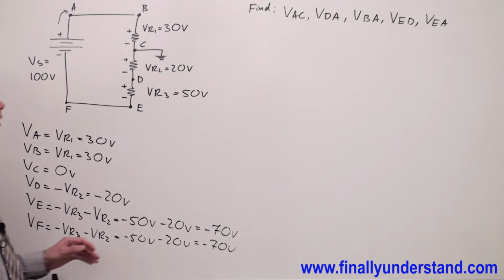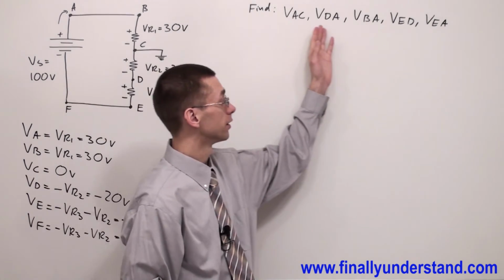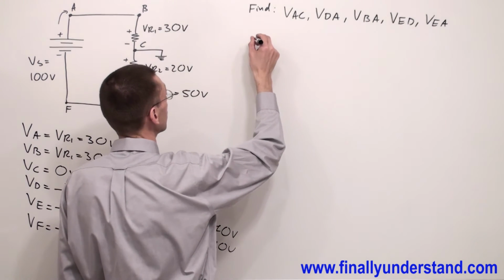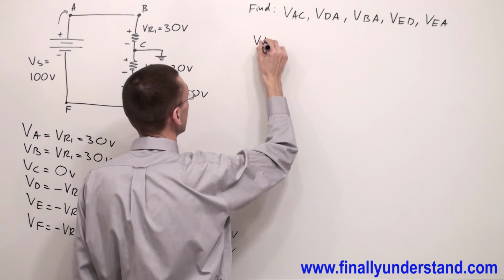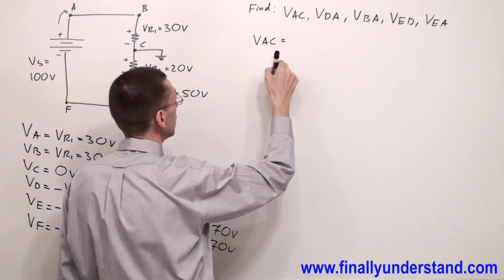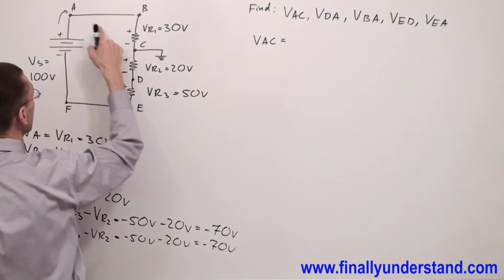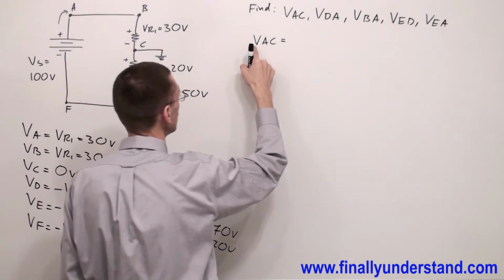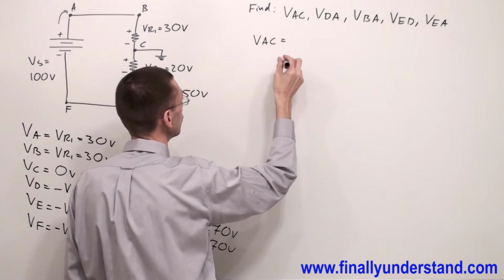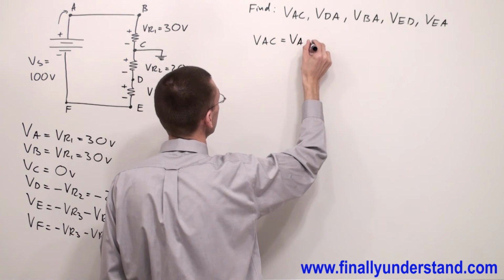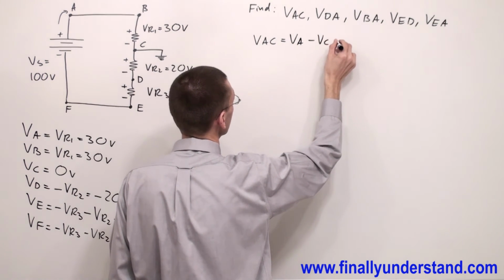Next, we're supposed to find these voltages. VAC, the voltage between point A and C. Anytime you see the expression VAC, you're supposed to understand this is nothing else than the difference between voltage VA and VC.